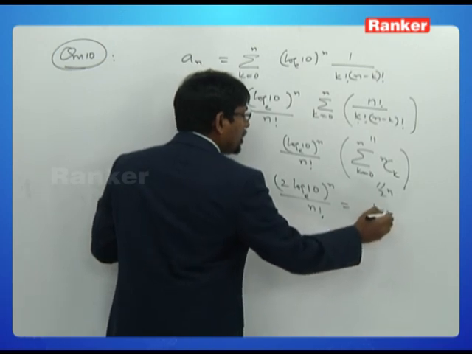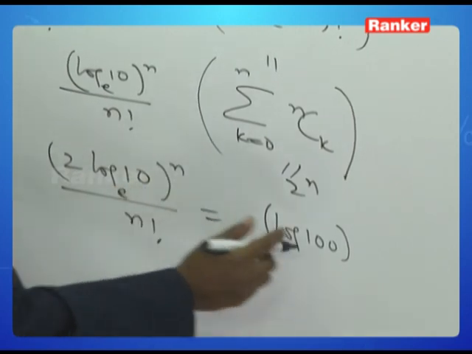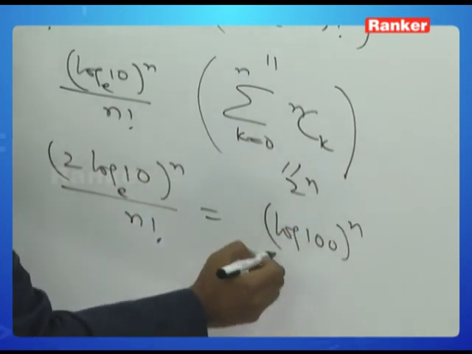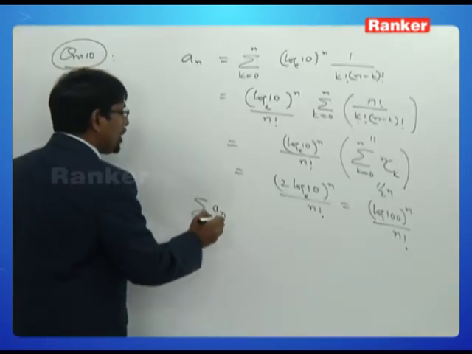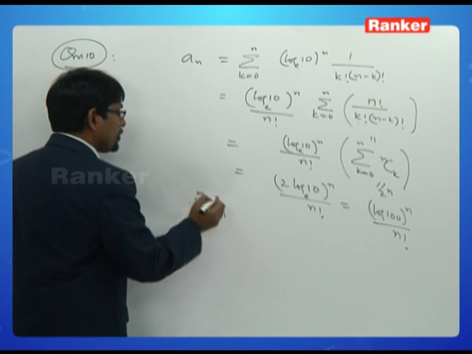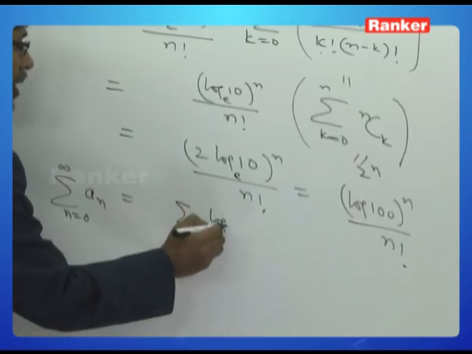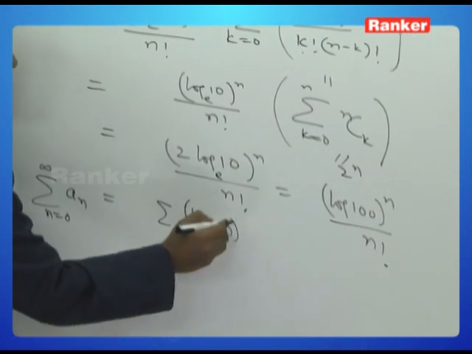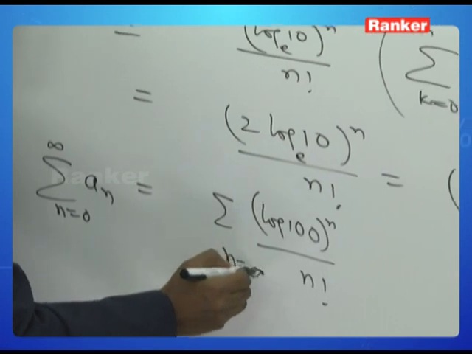Log 100 raised to the power n by n factorial, because 2 log 10 we can write in the form of log 100. Now what do you want? We want sigma n ranging from 0 to infinity. So that makes it log 100 raised to the power n by n factorial, n ranging from 0 to infinity.